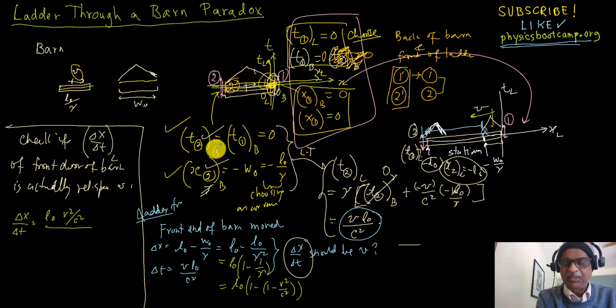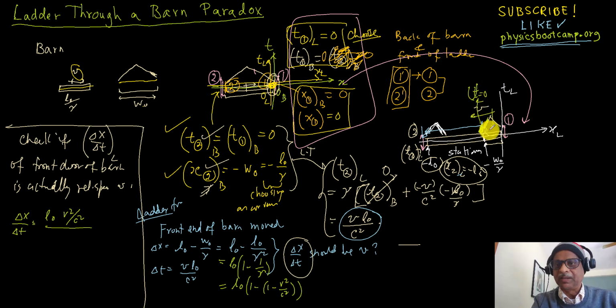Delta T is from the Lorentz transformation. We know that T was 0 when the barn front edge was here. We already know that this was the T equals 0 situation.